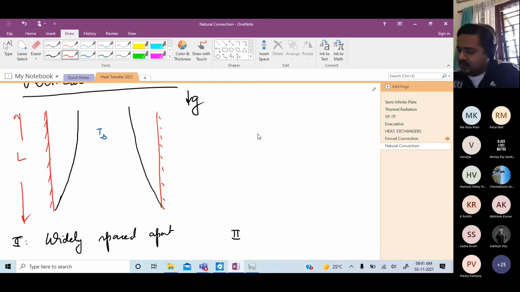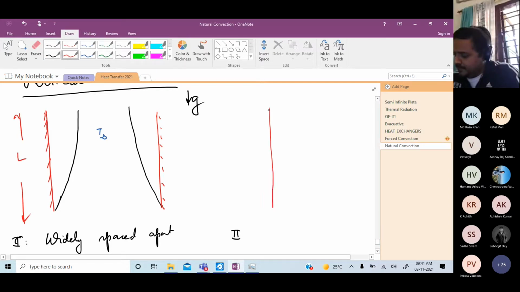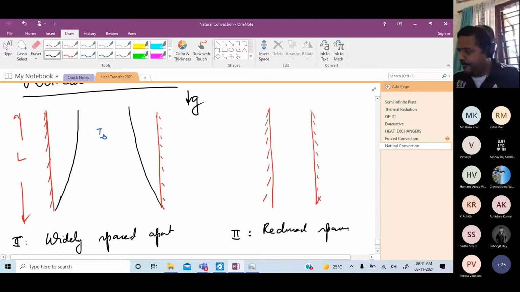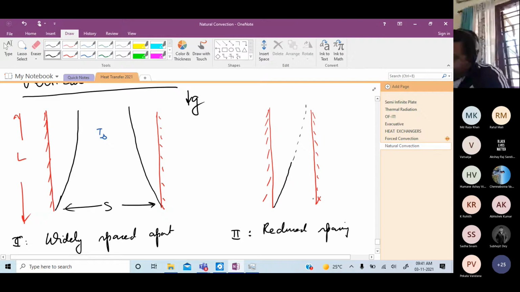And then I bring them closer, something like this. Let me also call this spacing S. So here what happens? My boundary layer forms here. And then my boundary layer on the other plate also forms like this.